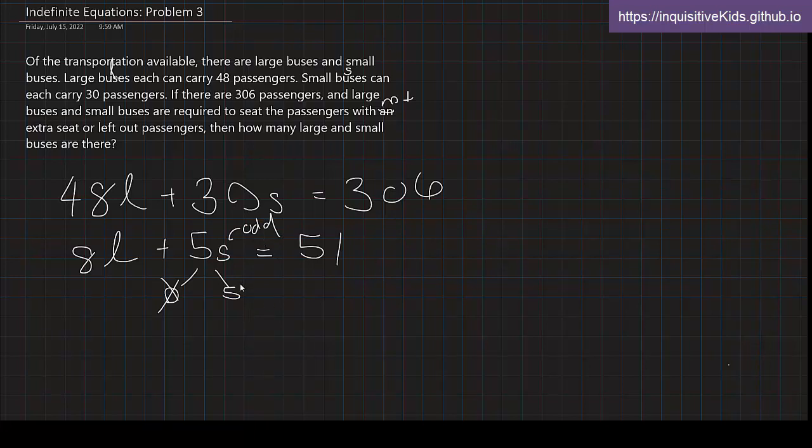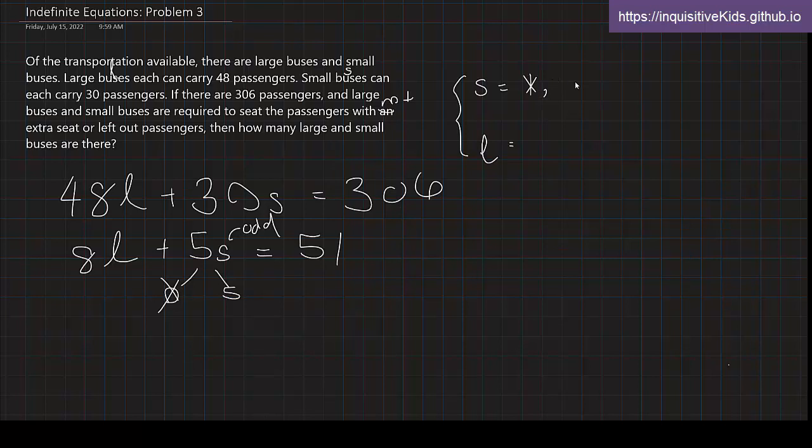So let's look at the different possible solutions for this. If S is 1, 1 times 5 is equal to 5. Now what's 51 minus 5? That would be 46, and 46 isn't a multiple of 8, so that doesn't work.